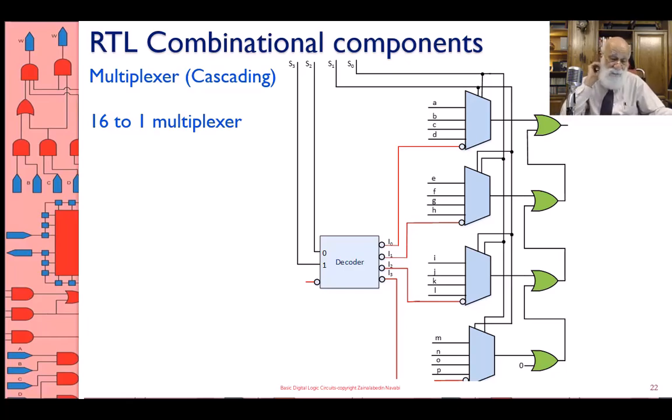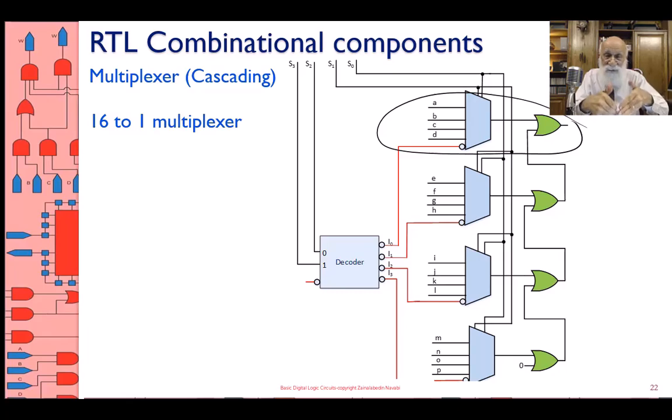So how do I cascade these? Well, here what I have is a multiplexer. The whole thing is a 16 to 1 multiplexer. See how I'm cascading this? I'm taking a 4 to 1 multiplexer with an enable input and an OR gate in front of it. So my slice becomes the multiplexer and the OR gate.